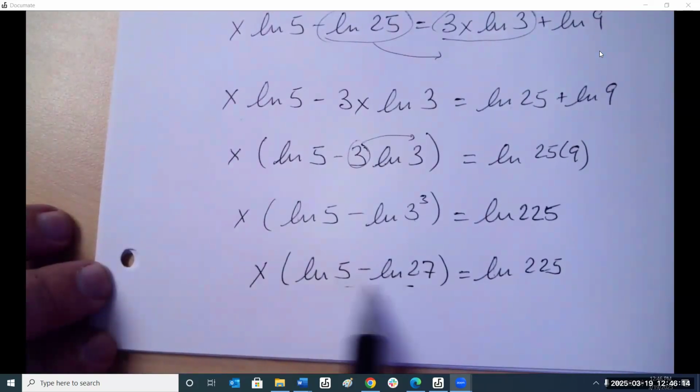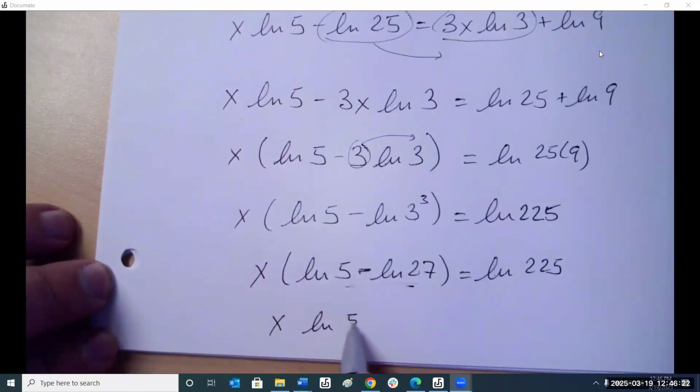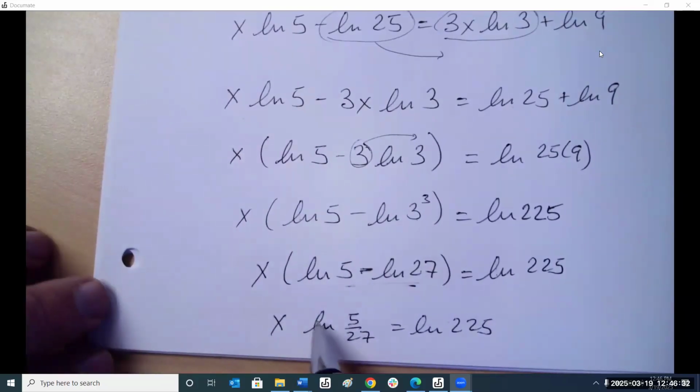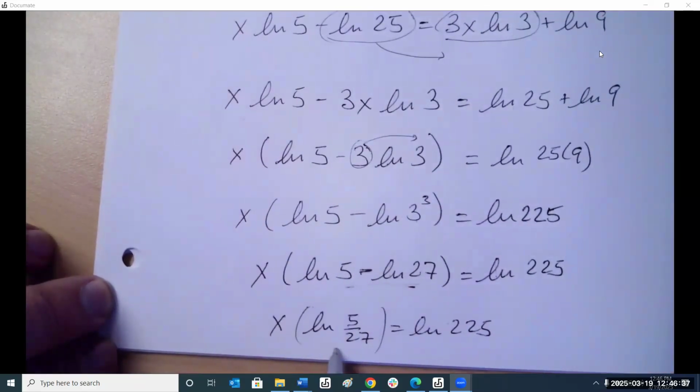What can we do with this? It's minus. So it becomes a fraction. So now I have to divide both sides by that.